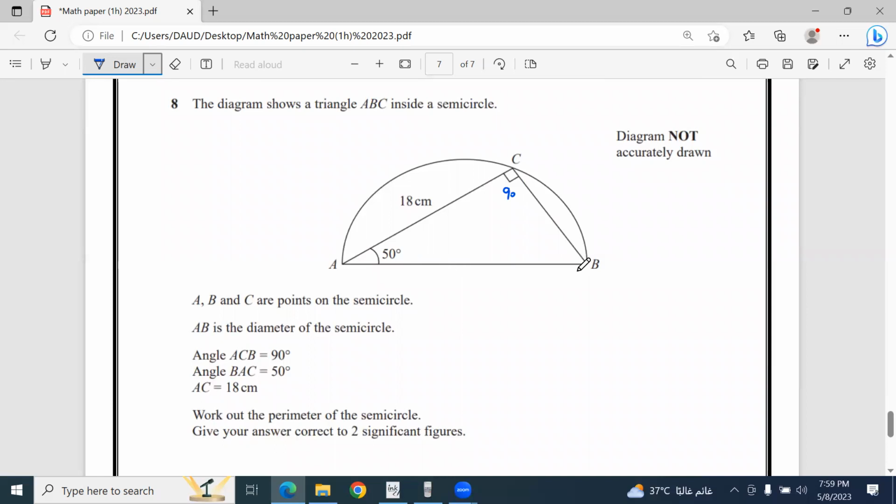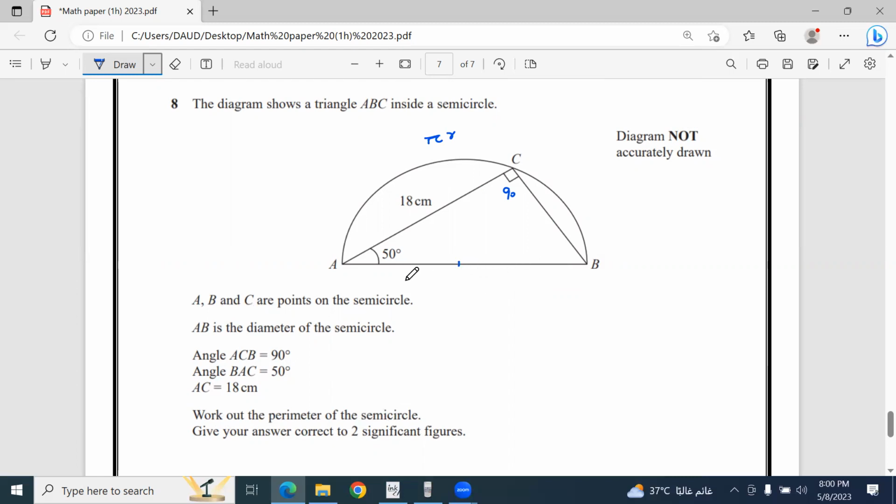Once we find AB, that will help us find the radius, or the diameter, and it would be easy to find the perimeter. They say work out the perimeter of the semicircle. For the perimeter of a semicircle we need pi r plus d, or 2r.